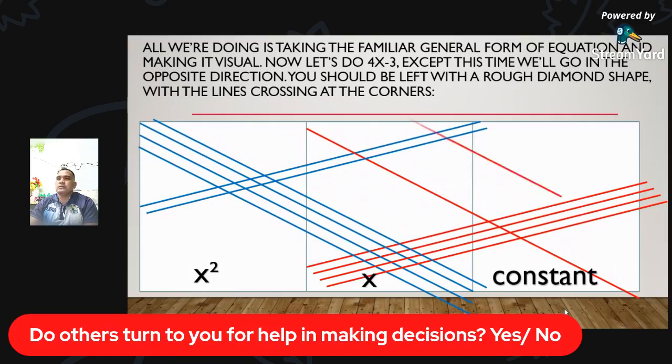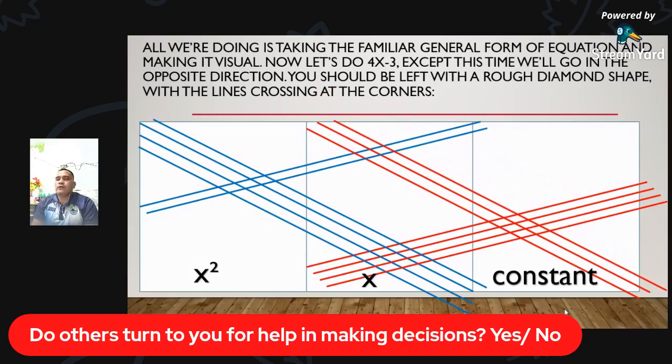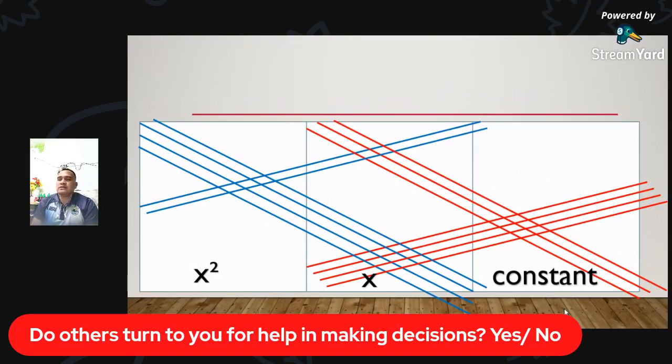We have 1, 2, 3. So that is the representation of the problem: 2x minus 4 multiplied to 4x minus 3.